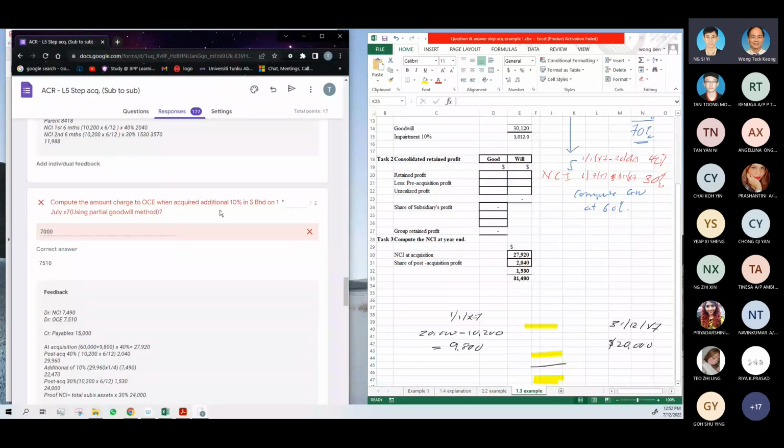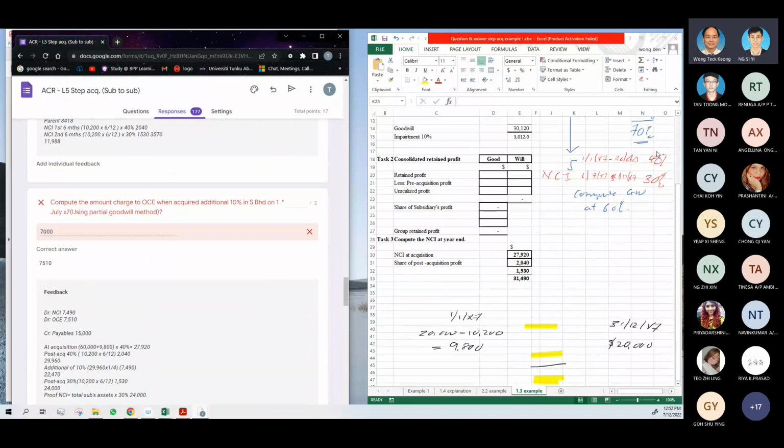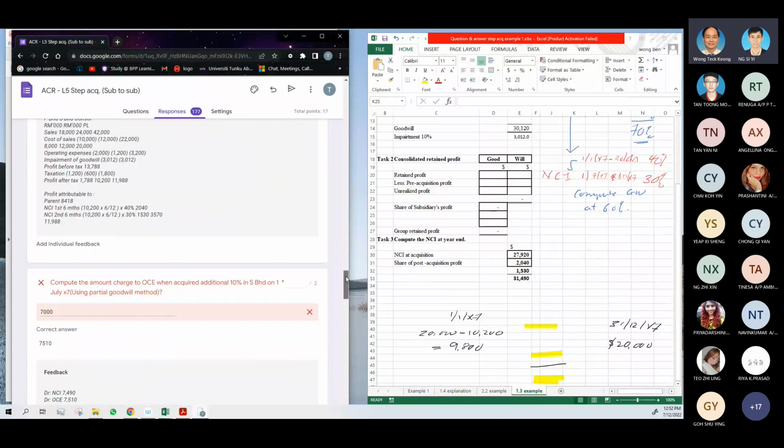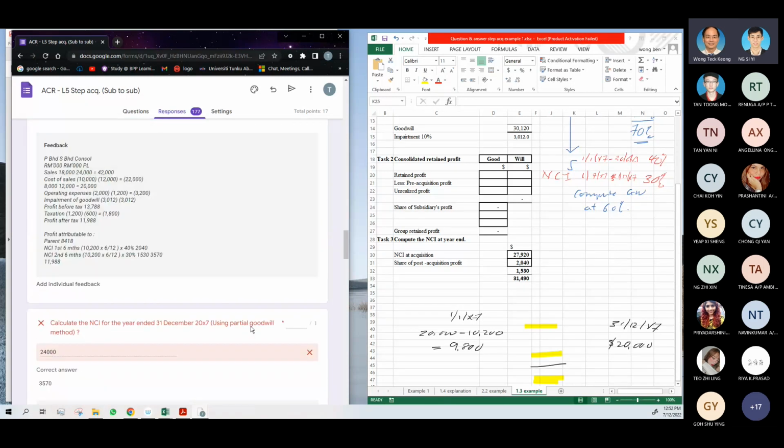So the additional 10%, how are you going to charge? They bought another 10% on 1st July, isn't it? So they're paying 50 million, so you will credit 50 million. NCI will drop by 10%. NCI here is 40%, drop 10%.